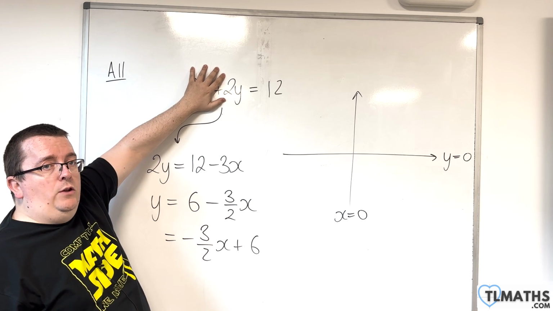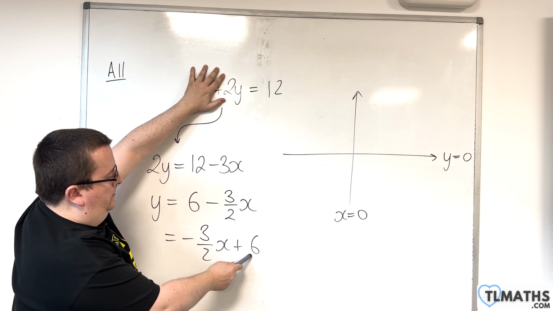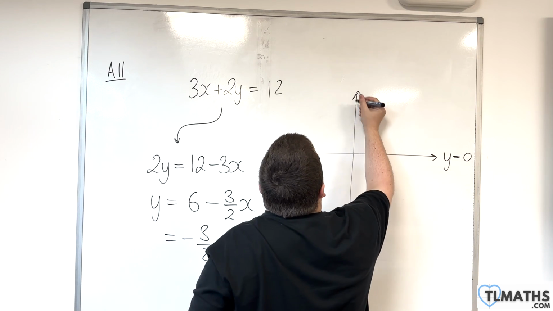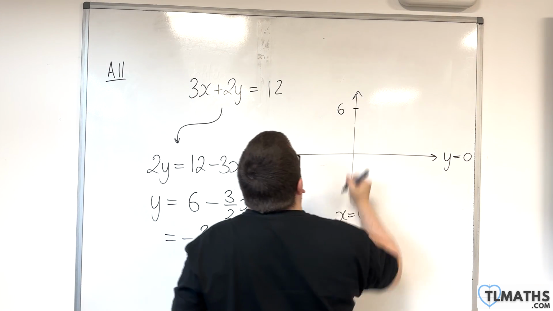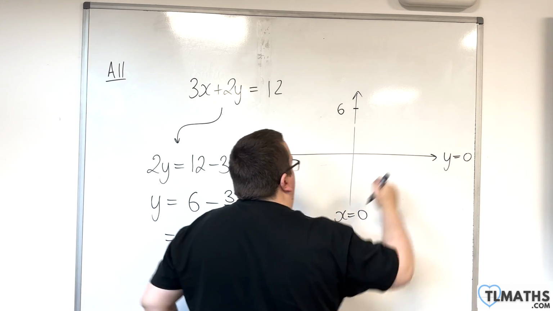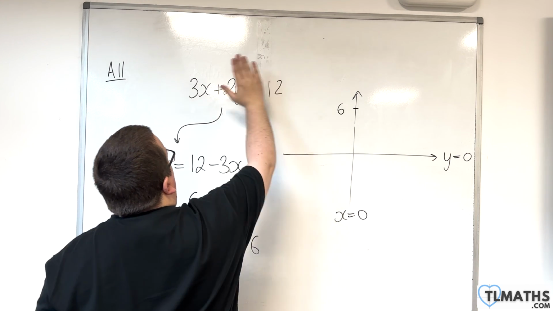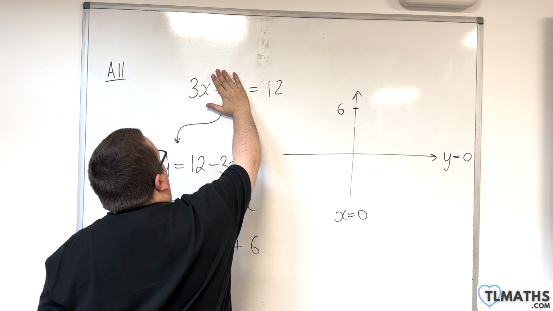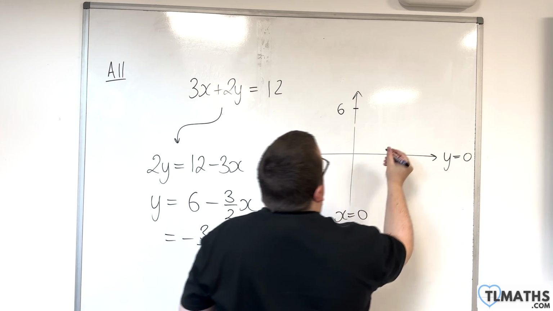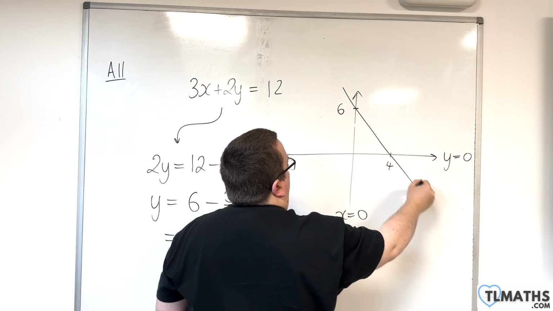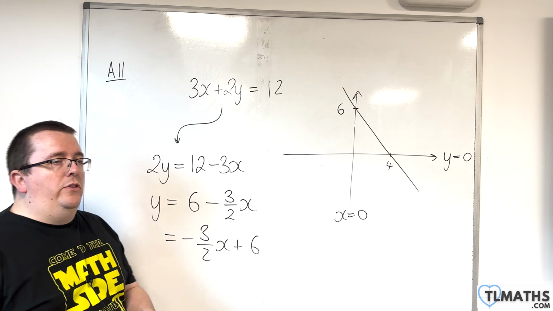So y would be equal to 6. Okay, so we actually know that that point would be 6. If you want to know where it crossed that line, then you put y as 0. Cover up 2y. We have 3x equals 12, so x must be equal to 4. And then you have your line that's going through those 2 points.